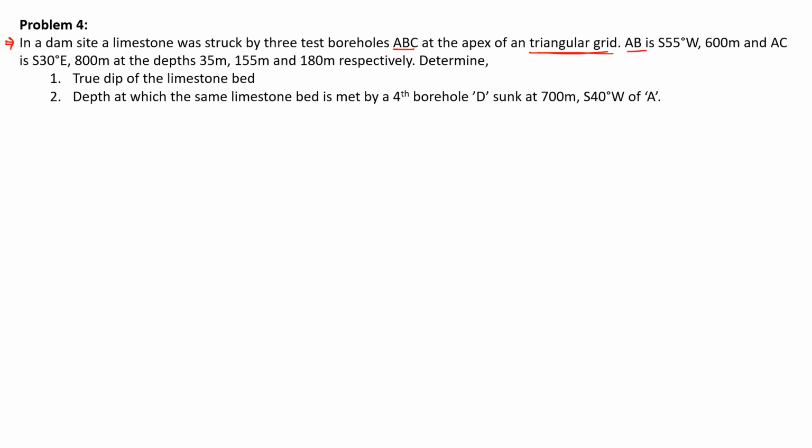Now they said A to B is south 55 west with a distance of 600 meters, and A to C is south 30 east with 800 meters. So you can see the difference in the sides: earlier the borehole to borehole distances were the same, here there is a change. But one thing we observe is that A is the common one.